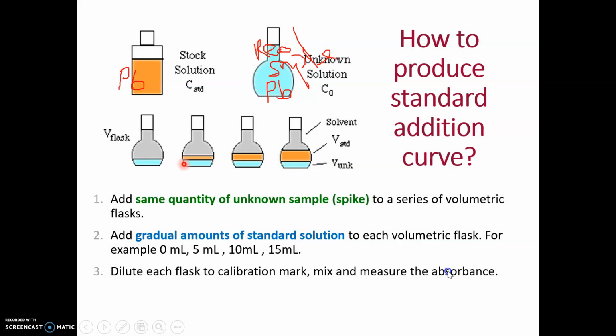This slide will explain step by step how to produce the standard addition calibration curve. First, add the same quantity of unknown sample or real sample, which is called spike, to a series of volumetric flasks. We need at least 4.